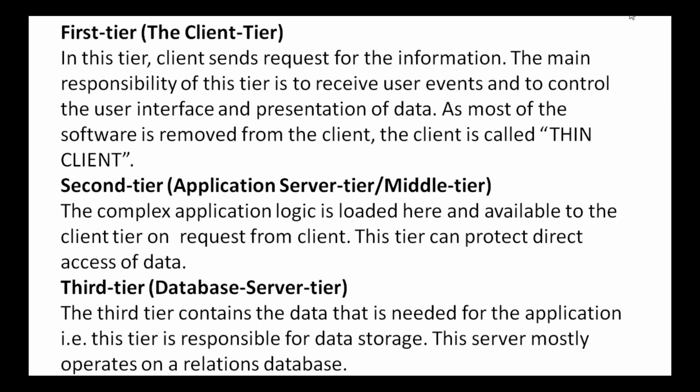That means the main application logic is loaded here and available to the client tier on request from the client. What is business logic? Business logic is a part of the program that encodes the real world business rules that determine how data can be created, stored and changed.